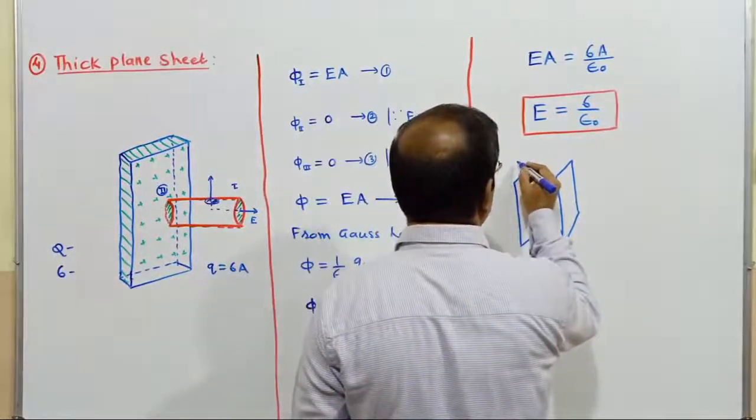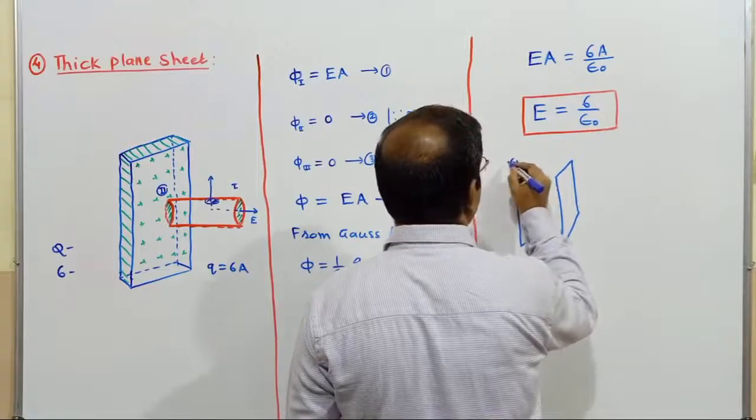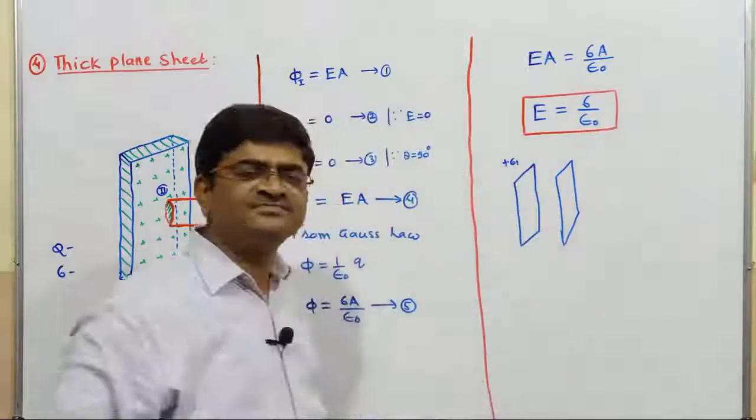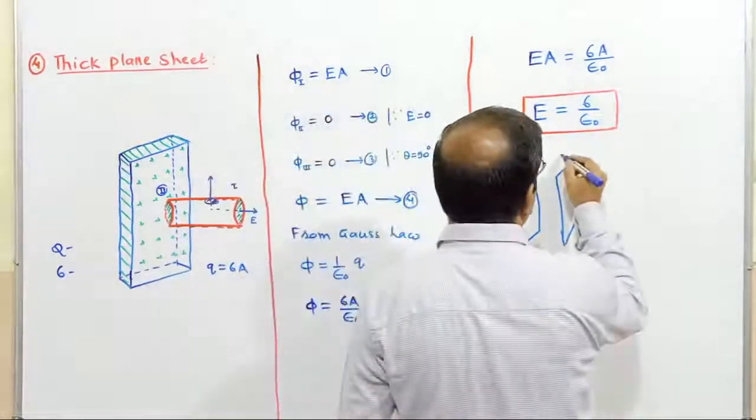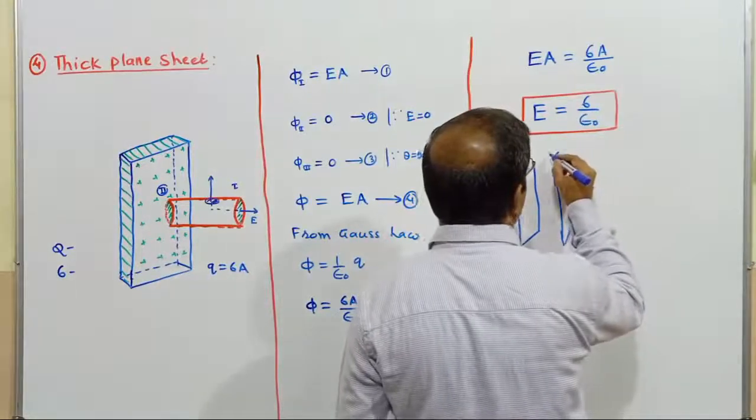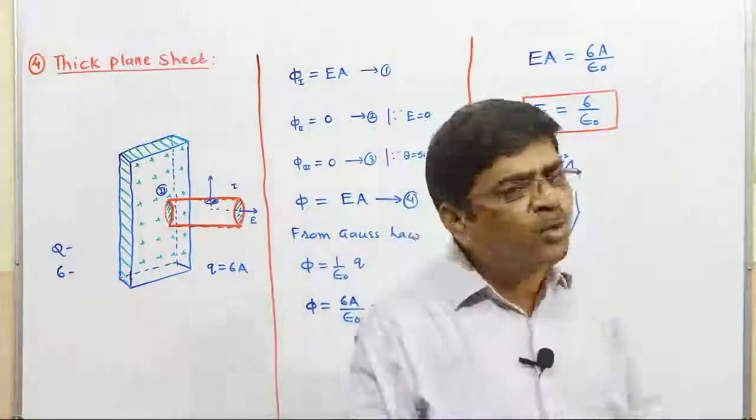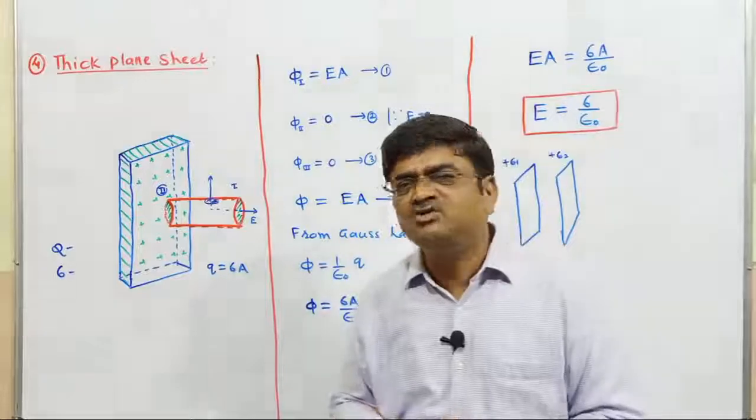First sheet has got surface charge density sigma 1 plus. Second sheet surface charge density sigma 2 plus. And both of them are, let me mention, thin sheets.